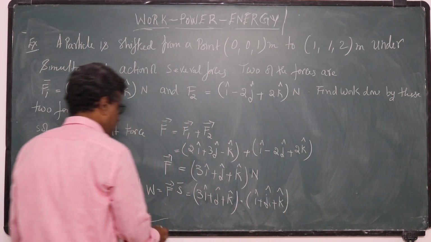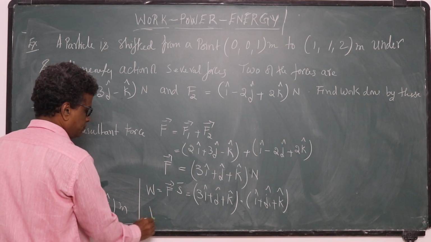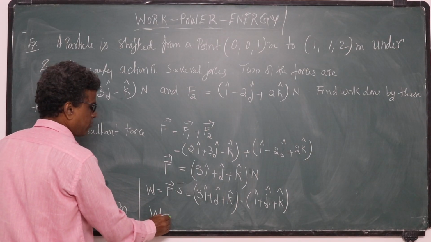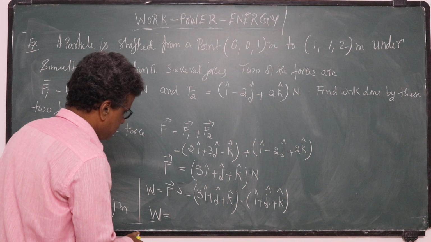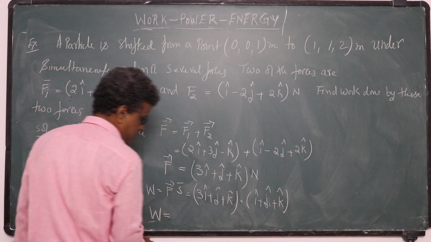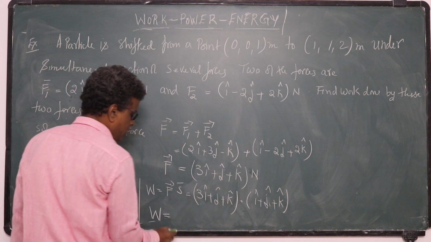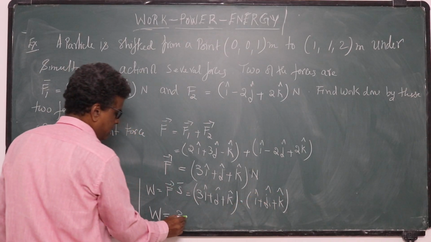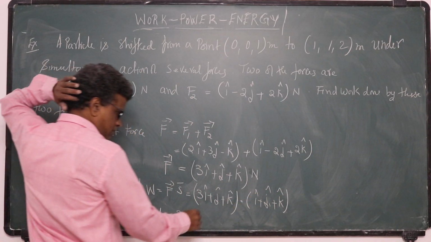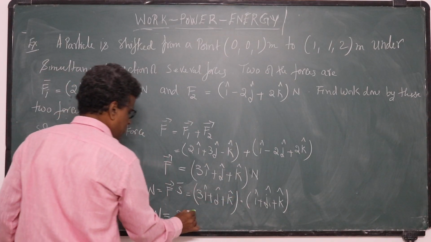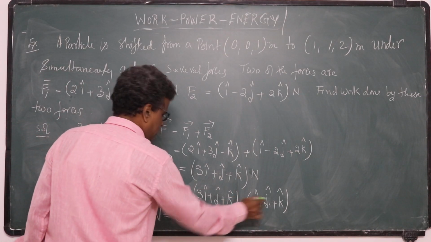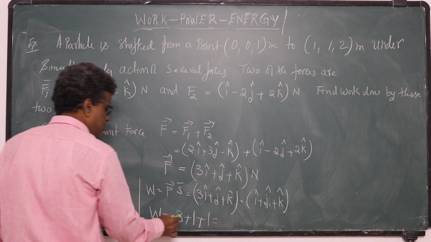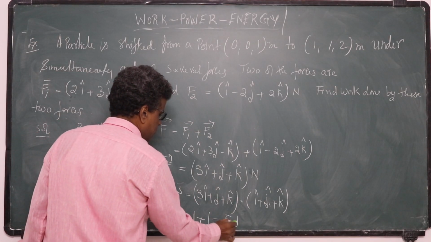Work done is equal to, using the formula x1 x2 plus y1 y2 plus z1 z2: 3 into 1 is 3, plus 1 into 1, plus 1 into 1, so work done by this force is 5 joules.